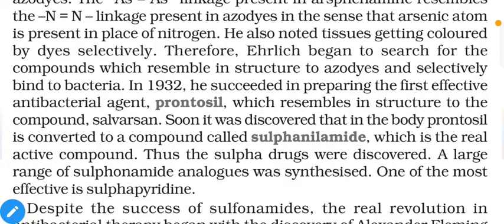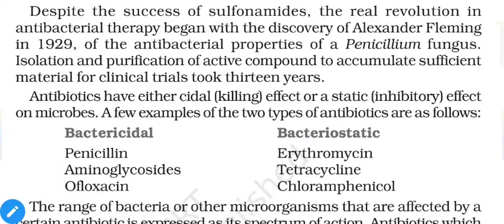Sulfa drugs were discovered and a large range of sulfonamide analogues were synthesized later. One of the most effective is sulfapyridine. Despite the success of sulfonamides, the real revolution in antibacterial therapy began with the discovery by Alexander Fleming in 1929 of the antibacterial properties of the Penicillium fungus.